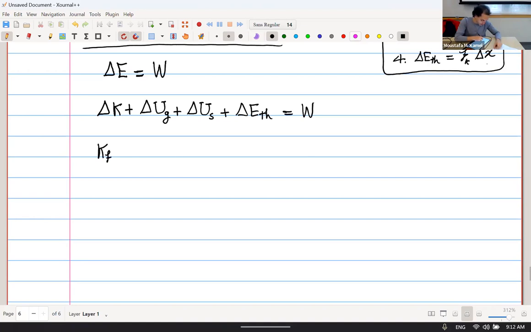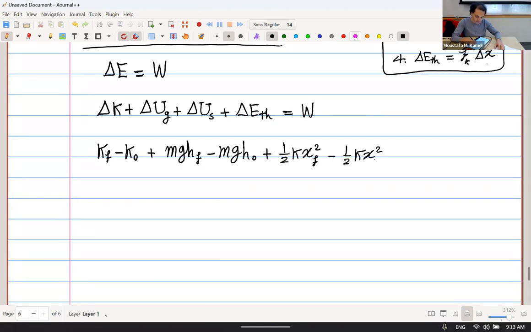We have K final minus K initial, mg h final minus mg h naught, plus half kx squared final minus half kx squared naught, plus this one.